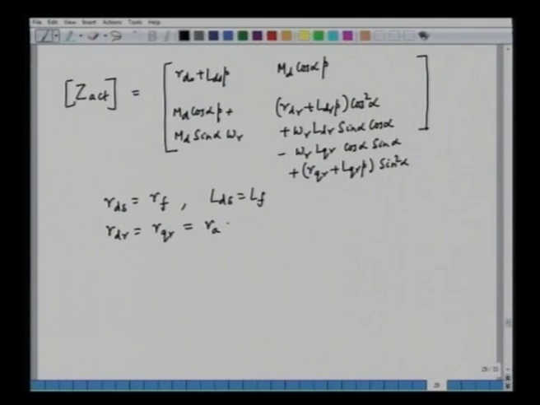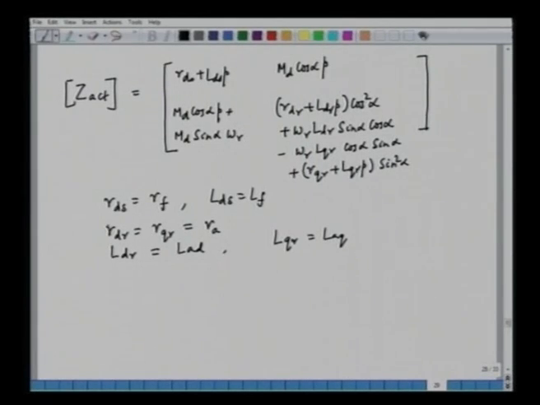The two windings in the D axis and Q axis rotor have the same number of turns. Each one is having the same number of turns, and that is the resistance of the armature, that is equal to RA. And then LDR is equal to LAD, the armature inductance in the D axis, and LQR is equal to LAQ, the armature inductance in the Q axis.